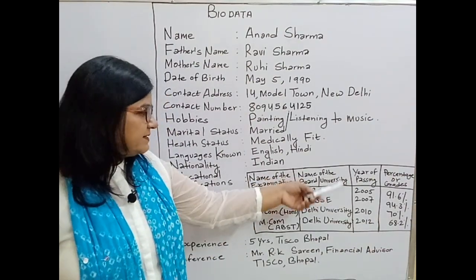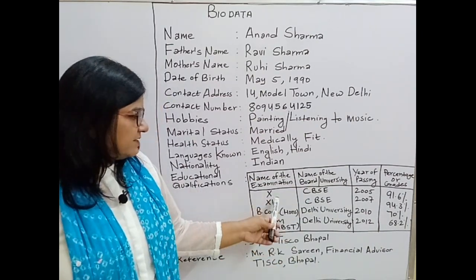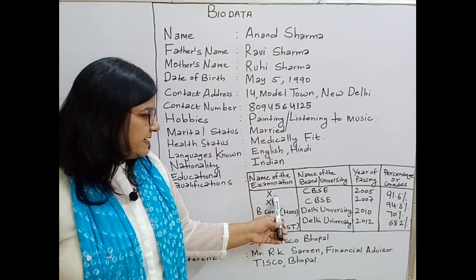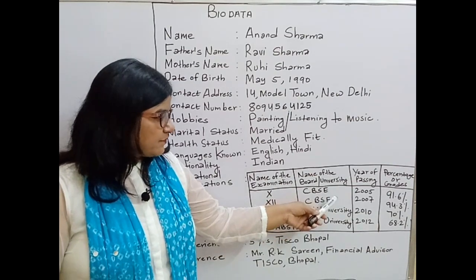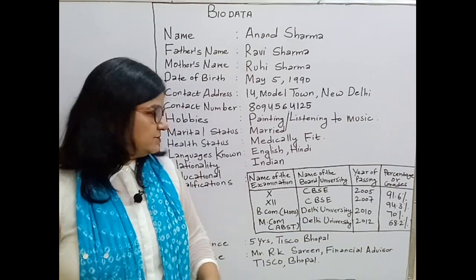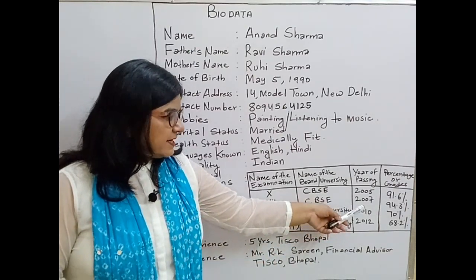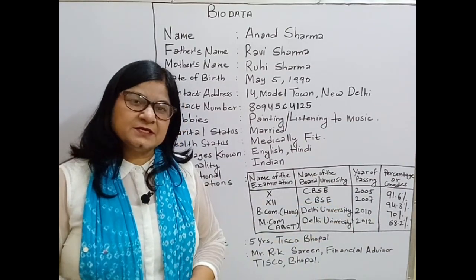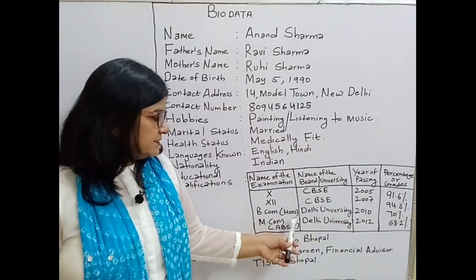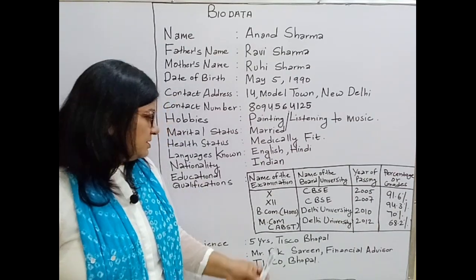And now the second part is educational qualifications. We have to write this in tabular format. We'll start with the lowest. 10th CBSE 2005, 91.6%. 12th CBSE 2007, 94.3%. BCom Honors, Delhi University 2010, 70%.